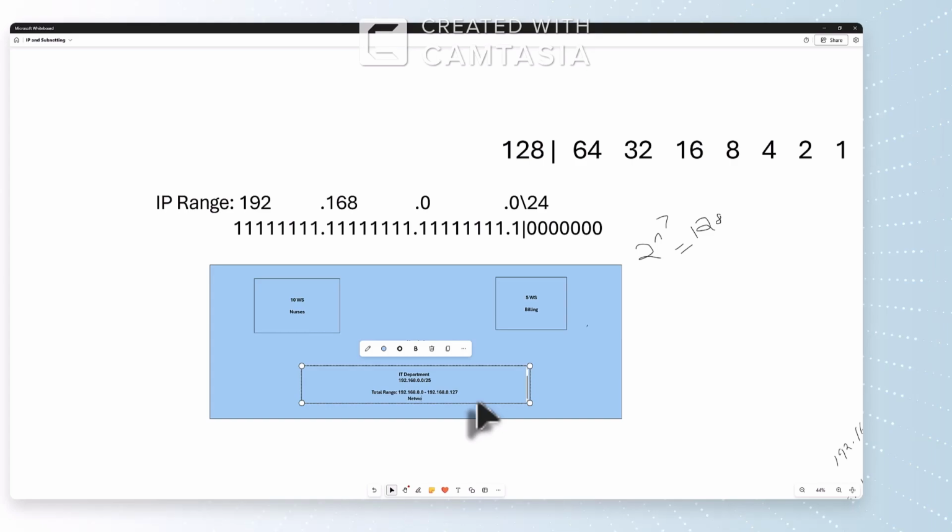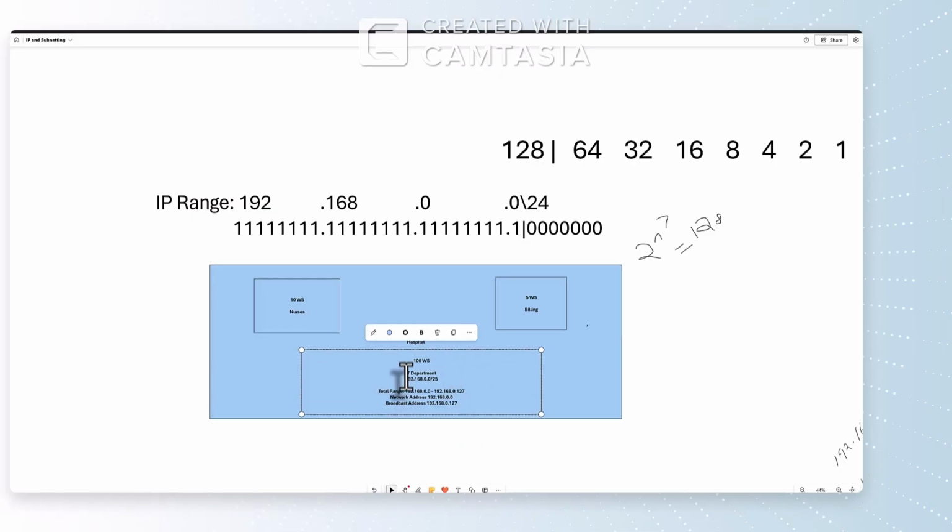So our network address will be 192.168.0.0. Our broadcast address will be 192.168.0.127. Remember that the network is always the first address of the subnet, and the broadcast is the last IP of the subnet.